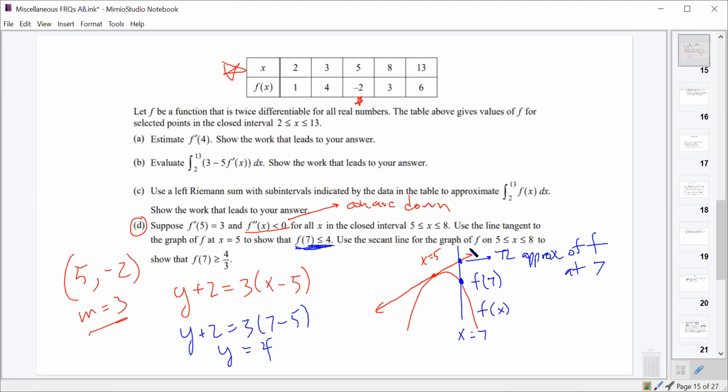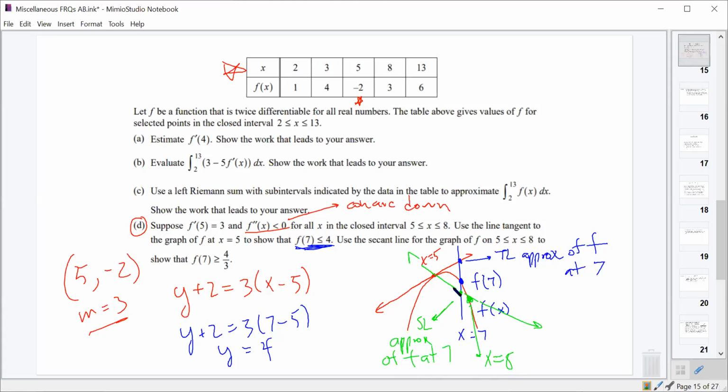Now, we'll do the work for the secant line in a second, but we know what a secant line is, right? A secant line between 5 and 8, here's x equals 8. It's just a line through those 2 points. Pretend that it actually looks like a straight line. If we're talking about at 7, this value down here is our secant line approximation of f at 7.